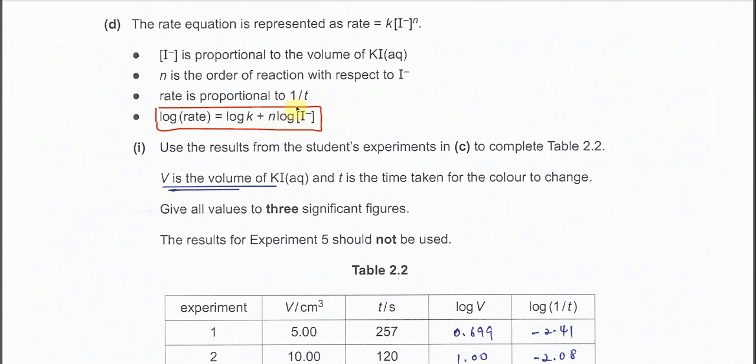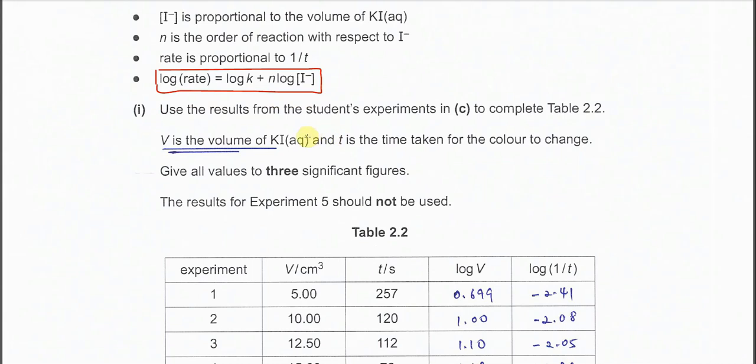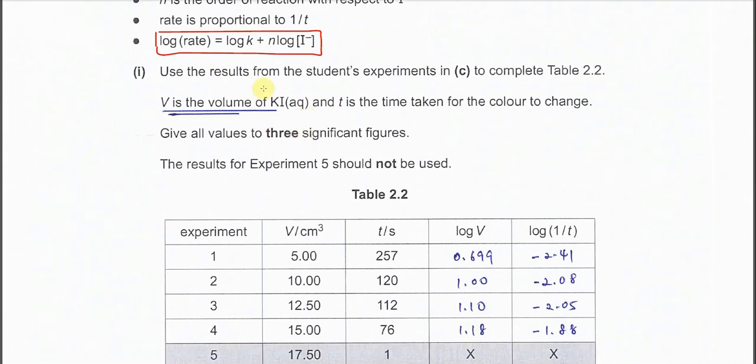This is the one that we're going to use for the graphs, and we'll discuss it later. And these are all the relations: n is the order, and rate is proportional to 1 over t, where t is the time. Okay, part 1. Use the results from the student's experiment in part C.